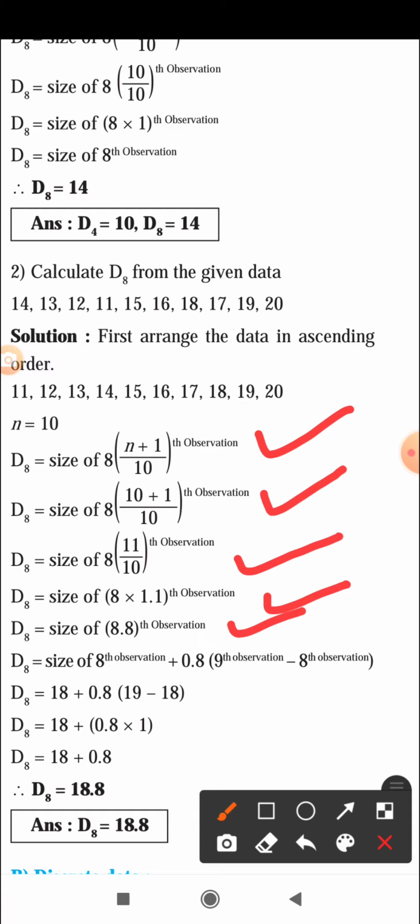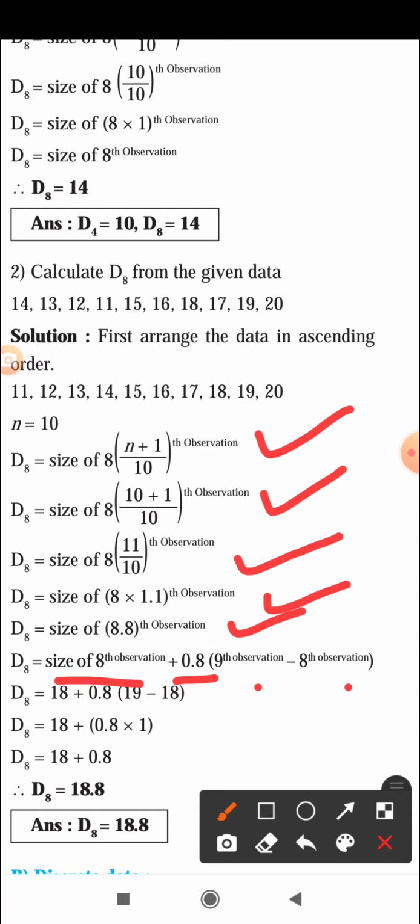So here is the difficulty: how to find out the observation or correct answer. For that purpose we have to make a certain adjustment. So this adjustment is D8 is equal to size of 8th observation plus 0.8 into 9th observation minus 8th observation.